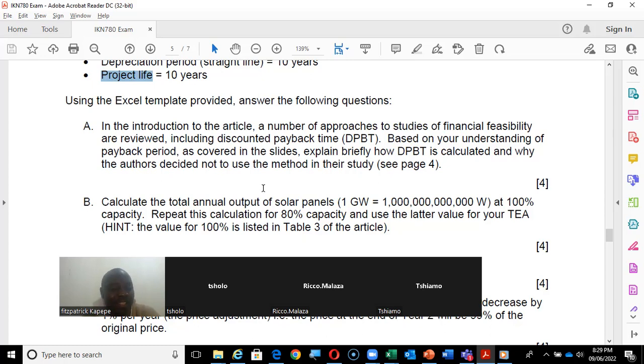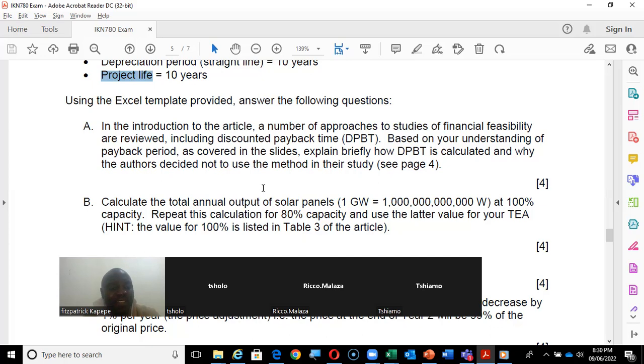Non-finance people do not understand that. But the payback period, they understand it because you are dealing with actual cash flows. Over time, others have decided to come up with a discounted payback period, though it's still not common. I usually don't use it in my modeling. I know you wrote down what you have read on it, but I thought there was a need for me to explain it.